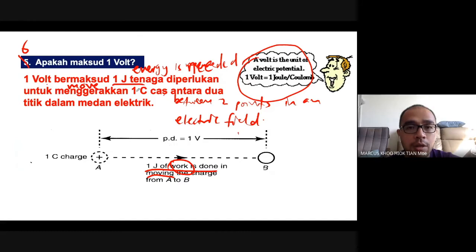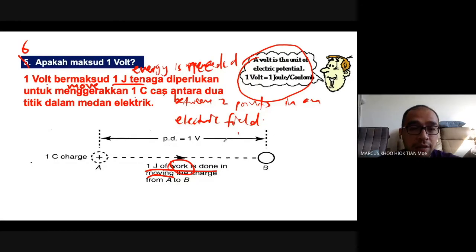Okay, 1 joule of energy is needed to move 1 coulomb of charge between 2 points in an electric field. One more time, since I already did it 2 times, I must just do 3 times. 1 joule of energy is needed to move 1 coulomb of charge between 2 points in an electric field.